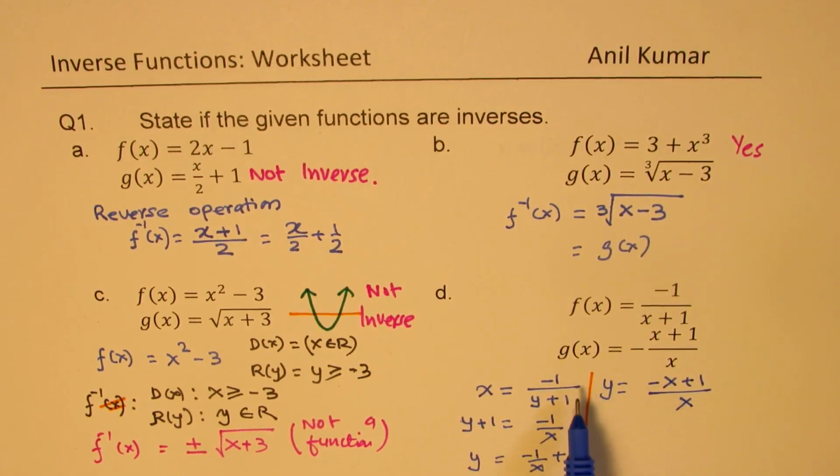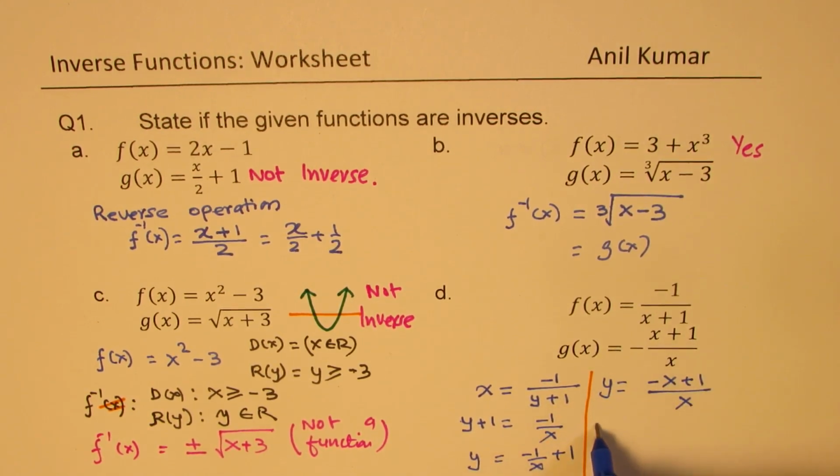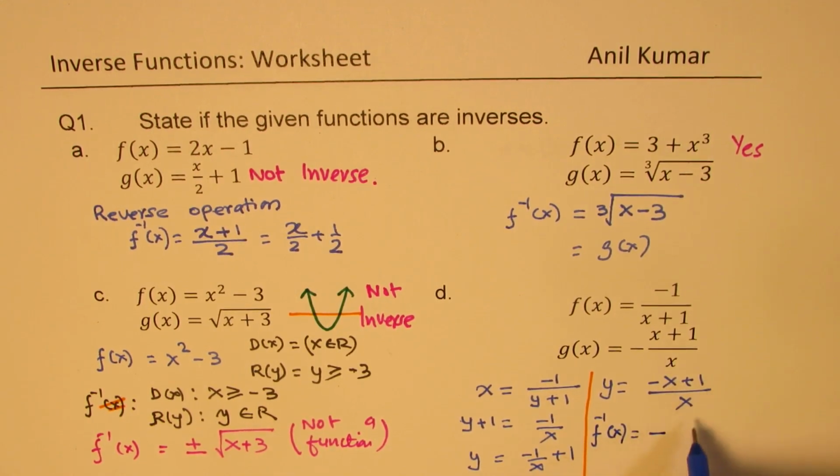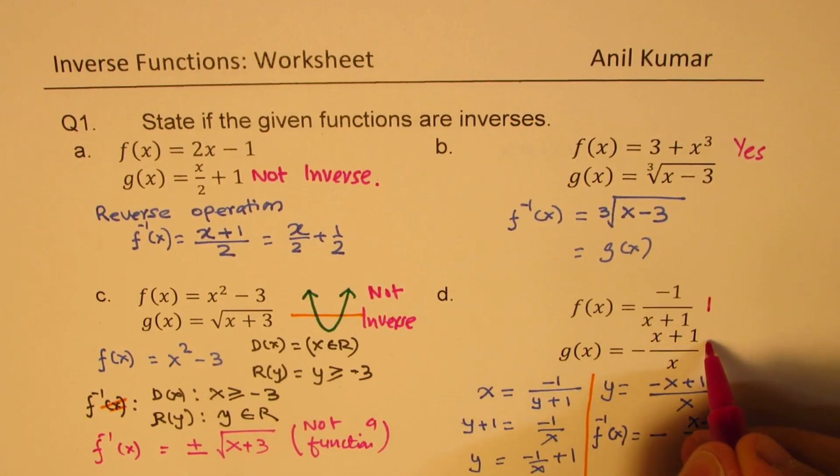Now, in this particular case, if I want to write in that fashion, which is minus outside, I'll get minus here, right? I'll not get plus, correct? So this one is not the inverse. So inverse for this function will be minus of x minus 1 over x, not plus 1. And therefore, this is also not inverse.